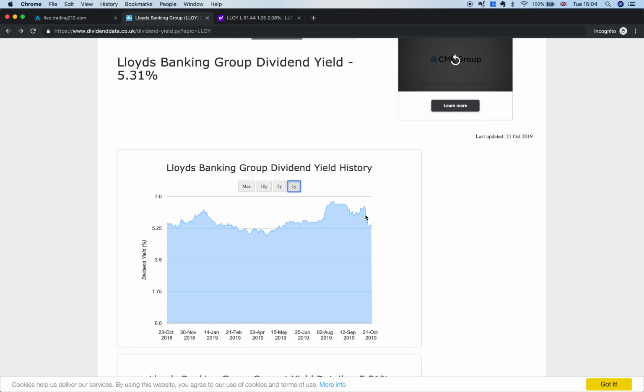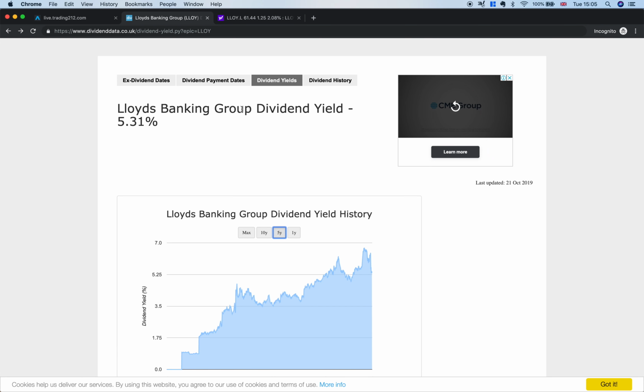But as it stands at the moment, we're just above this 5.25 line. Now that is a healthy number. So that gives me confidence that the dividend yield is a nice percentage. So on the 5 year graph, all indicators say that generally this stock has a very good dividend yield. There have been times when they've overpaid, but that has been corrected by the company.